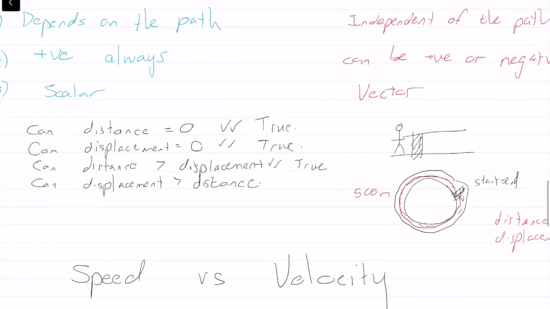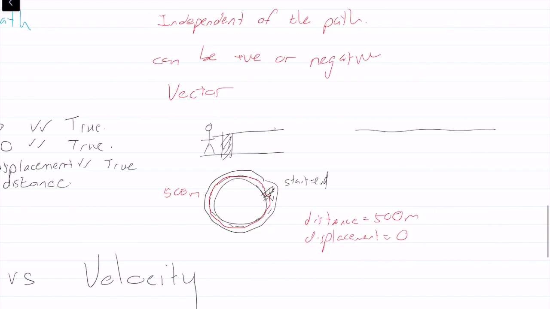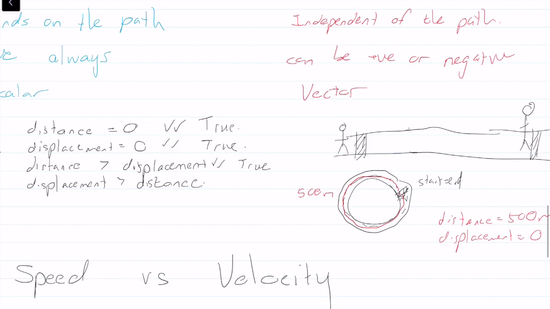And lastly, can the displacement be greater than the distance? If we continue with this story, if we end at the finish line, the displacement can never be greater than the distance, so this is false. We cannot have that happening.